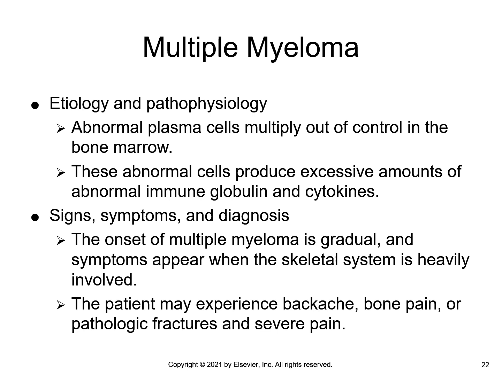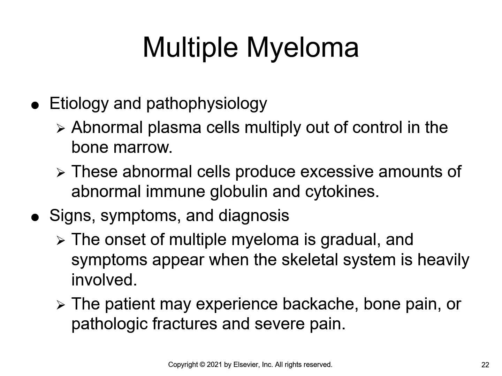Multiple myeloma is diagnosed by a combination of X-rays, bone marrow biopsies, as well as blood and urine tests. The appearance of light chains from abnormal immune globulins in the urine, known as Bence-Jones proteins, is a diagnostic sign of multiple myeloma.